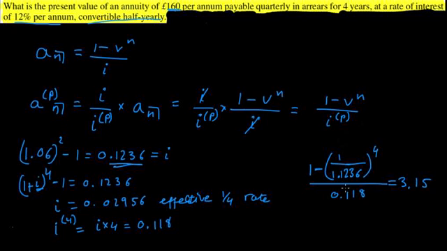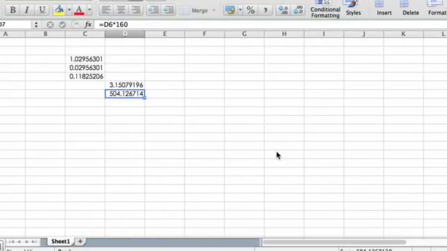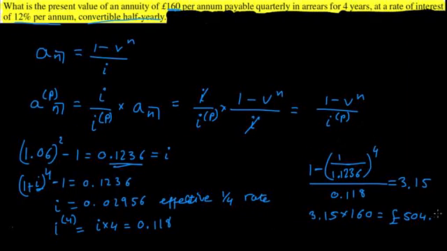That's if we were only paying £1 per year. Then 3.15 times 160 became about 504.13, which is the same as we had before, £504. Excellent. Just like before, just another way of solving it.